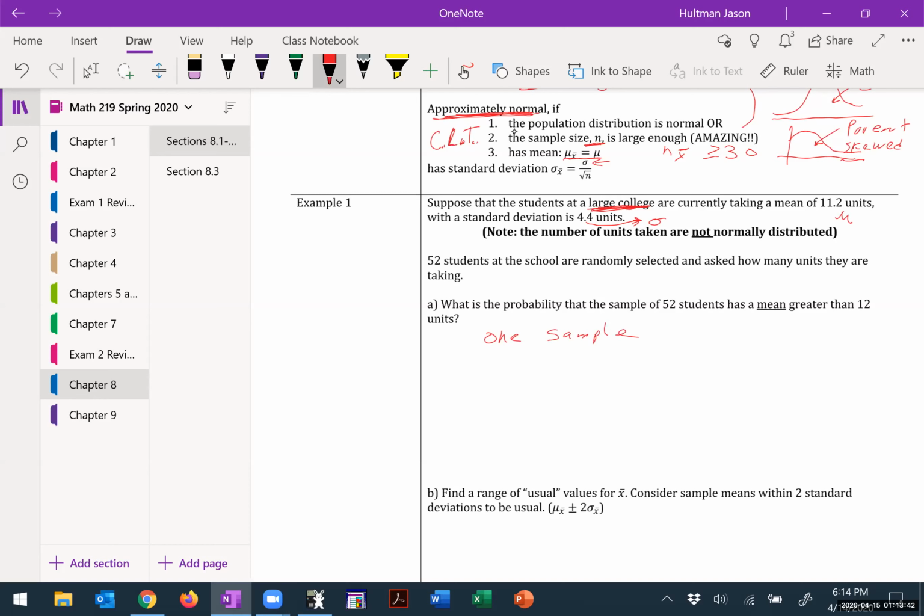Okay, and since I'm only taking one sample, we're going to assume a couple of things. We're going to assume, number one, that the samples are independent of each other. Okay, that the samples are random, and that the samples came from a large population.